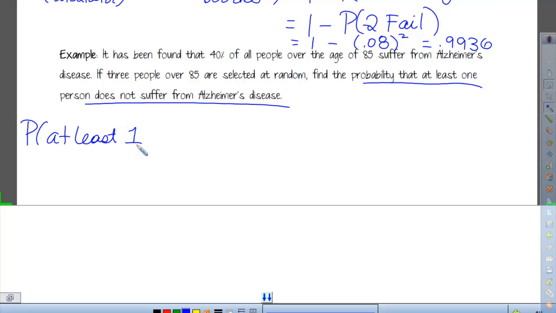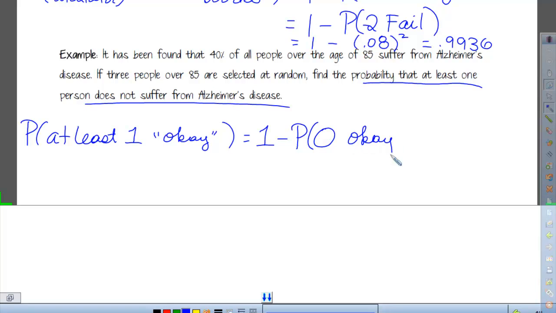What do we want to call this person? Do we want to say does not suffer? At least one, let's call them okay. How about that? Okay. All right. And so the complement then is what? 1 minus probability what?